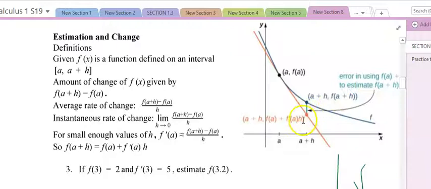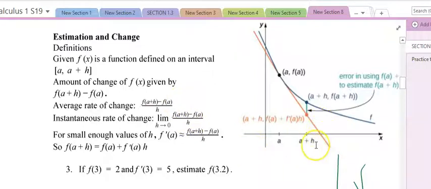So the estimate or error is the difference between this point, a plus h, comma, f of a plus f prime of a times h, and the curve. That's the difference. So what we're saying is that we can use this orange dot to estimate this blue dot that is right above a plus h. If h is really small, then they're not too far from each other. So that's what we do with estimation and change.